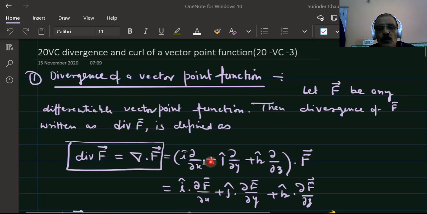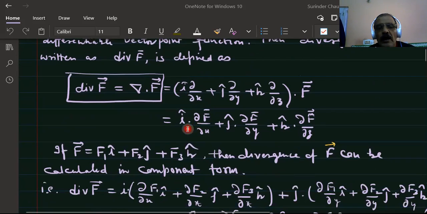So if we find the dot product of del with f, we get iota dot partial derivative of f vector with respect to x, plus j dot partial derivative of f with respect to y, plus k dot partial derivative with respect to z.